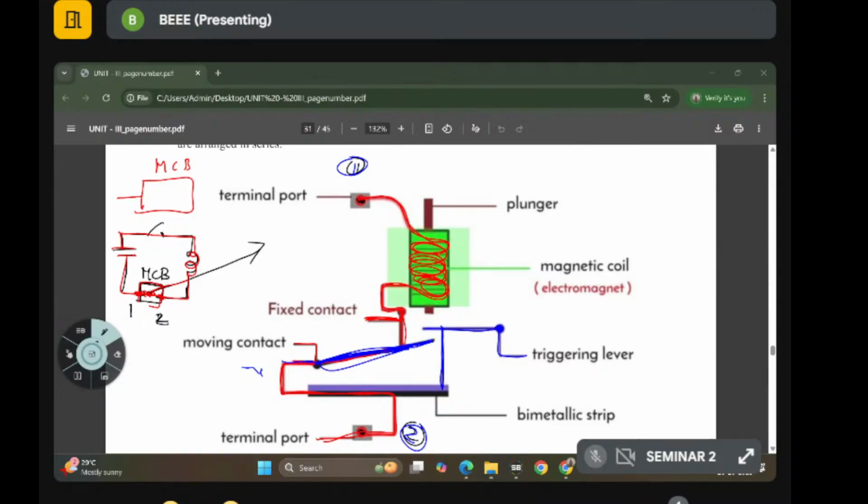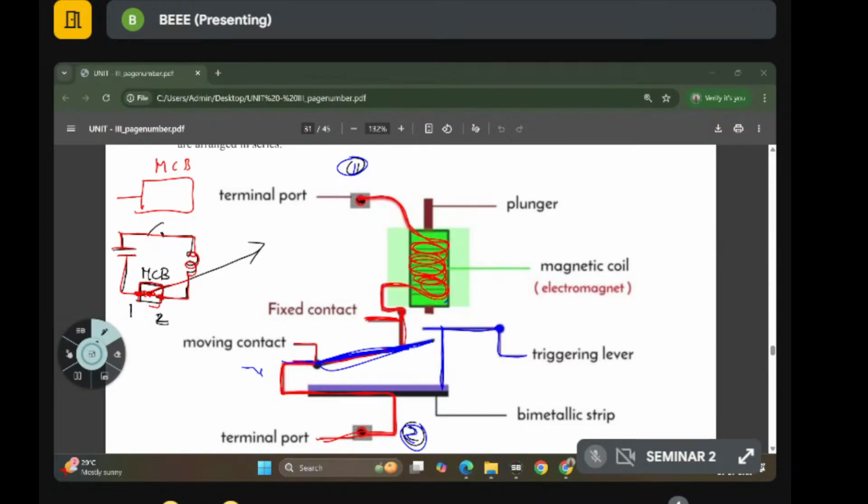During normal condition, because of the normal current, it cannot be a magnet. It is only a coil. Nothing will happen. Whenever abnormal condition occurs, what happens? This coil will get magnetized. Do you understand? Only in abnormal condition does it act as the magnet.